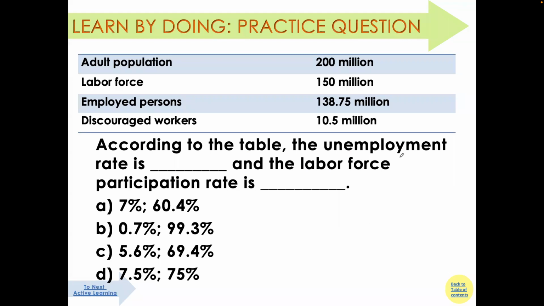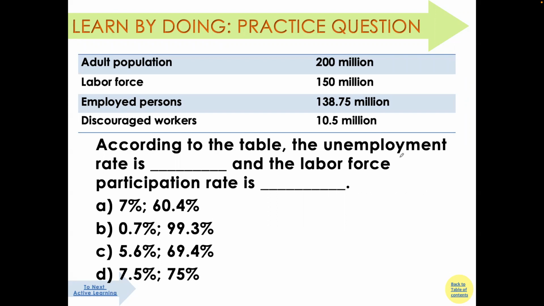Now let's look at this practice question. So we have data in the table. The first part of the question asks you, what is the unemployment rate? So we need to find out the number of unemployed, right?